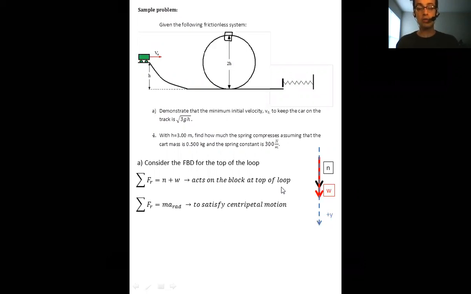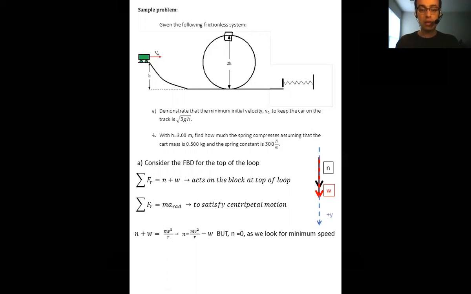We also know that to satisfy centripetal motion around this circle, the sum of the forces in the radial direction has to equal m a radial. So we can say N plus W is equal to m a radial, and a radial is v squared over r, if you will recall from chapter 5.